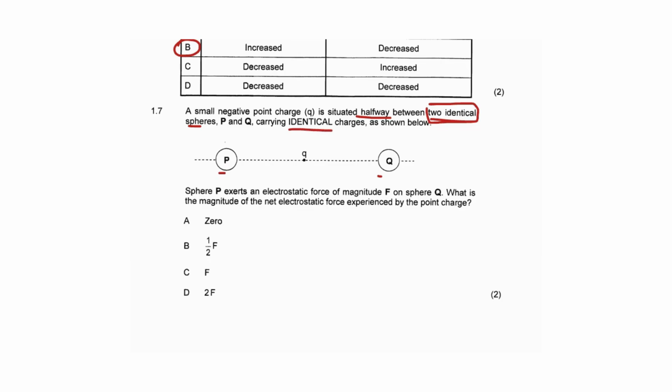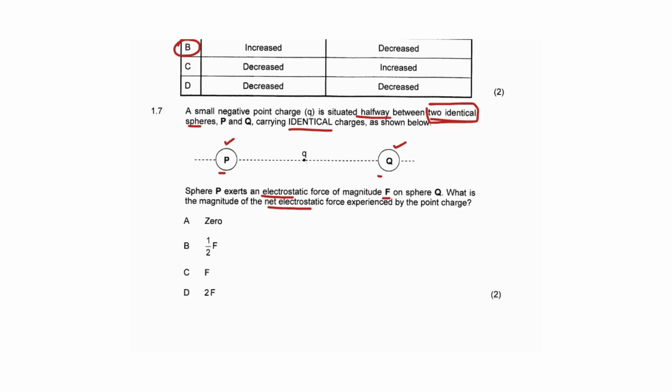So we have charge P and Q, and then in between them we have a negative point charge. The question: sphere P exerts an electrostatic force of magnitude F on sphere Q. What is the magnitude of the net electrostatic force experienced by the point charge?